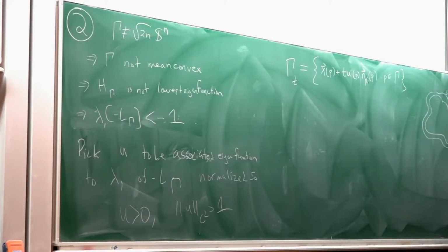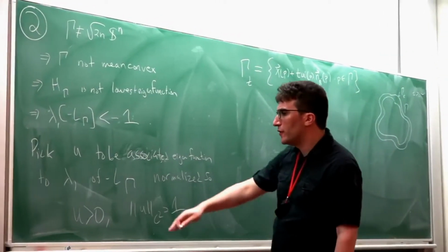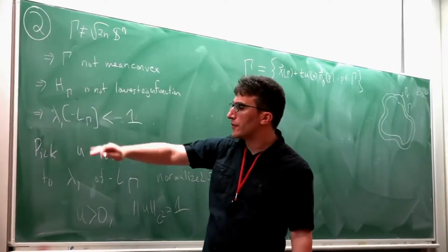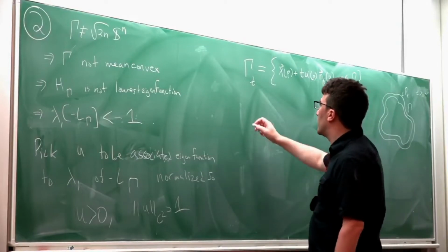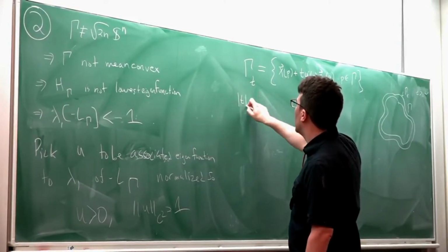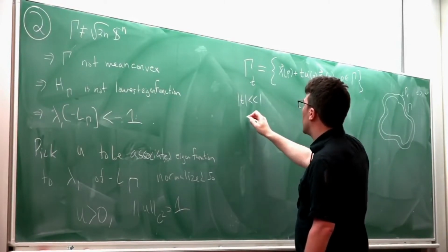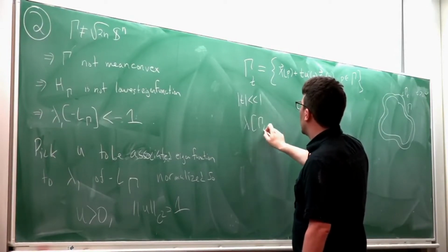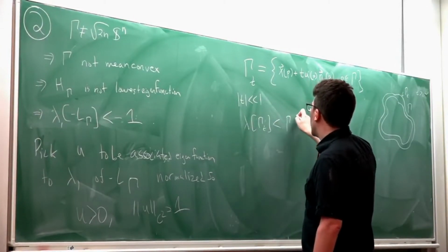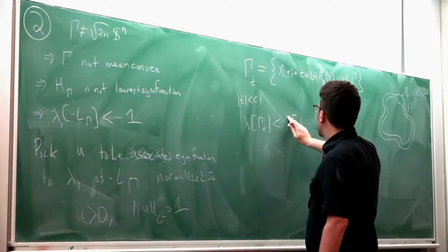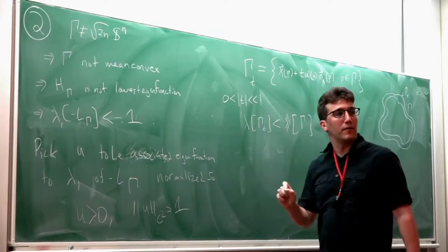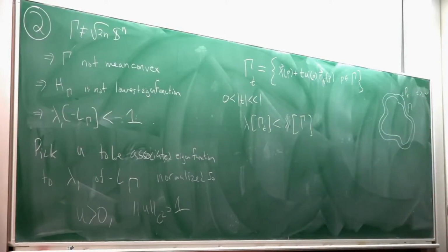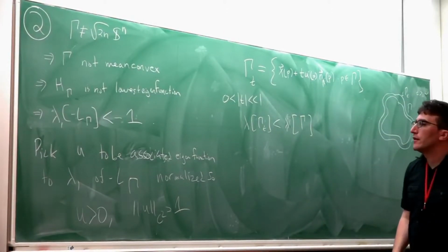Okay, and the point is, because u is orthogonal to the mean curvature and also obviously orthogonal to the translations, we can see that at least for t very small, the entropy of gamma t is strictly less than the entropy of gamma, and t is small but non-zero. So if we do a deformation, we are decreasing the entropy.